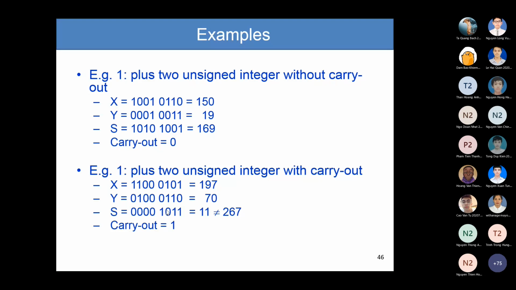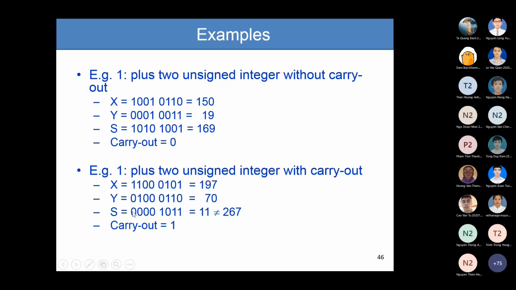But because in the computer, x and y are 8-bit numbers, and of course s is also an 8-bit number, and the last remember bit, the carry out, equal to 1, the result is not correct, it's wrong. Actually, we can easily find s here.